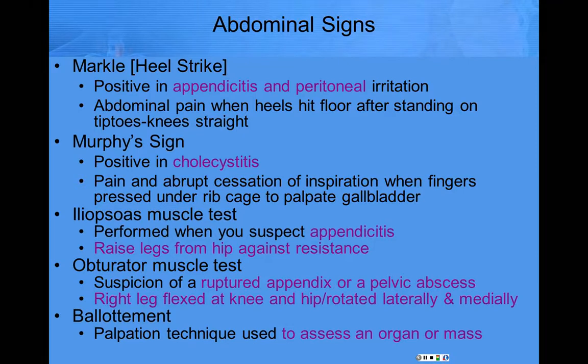This is the obturator muscle test. Also, ballottement is a palpation technique used to assess an organ or a mass to see if it moves. You can also use the same technique when you're evaluating fluid on the knee. It means it kind of floats whenever you push on it.